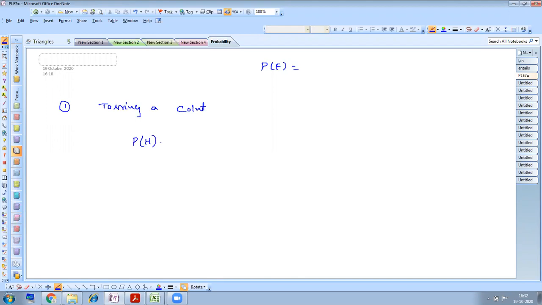P represents probability. If I toss, it may be head or tail, so my total number of outcomes is 2, but out of that I want only head. So one favorable event divided by the total number of events, 2.